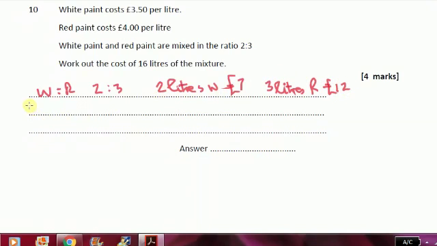So 7 plus 12 comes to 19. So 5 litres of the mixture costs £19. So in other words, I can work out 1 litre of the mixture.